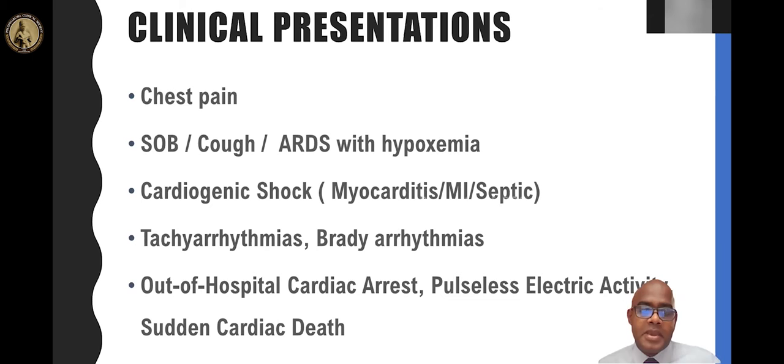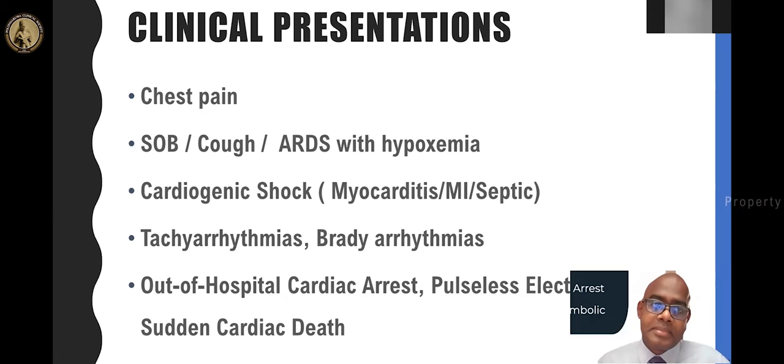And sometimes these patients might present to you with tachyarrhythmias and bradyarrhythmias, which I'm going to discuss in a later part of my lecture. And sometimes you might have to detect out-of-hospital cardiac arrest and sudden cardiac deaths in the community to confirm deaths of these patients, where you have to be vigilant about COVID-related etiology for these deaths.